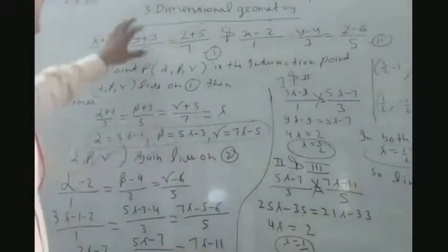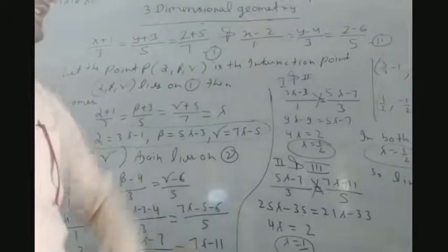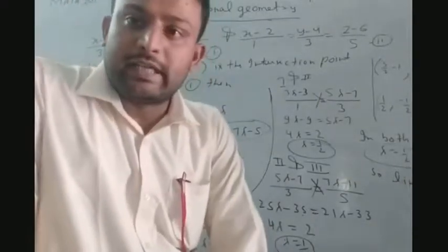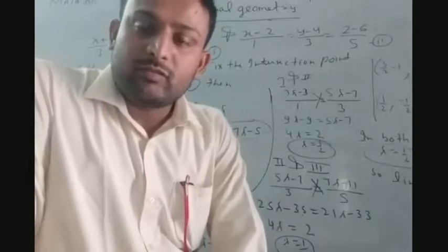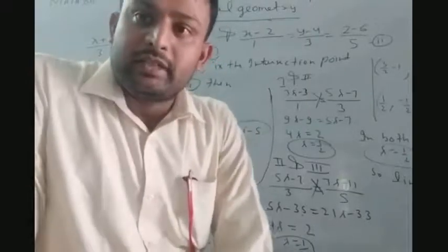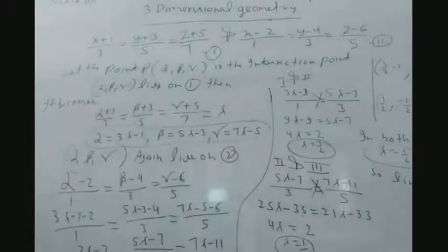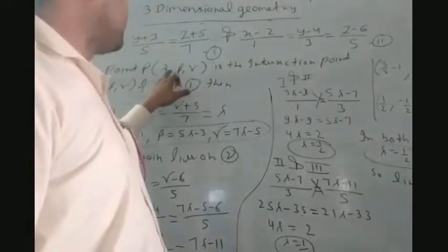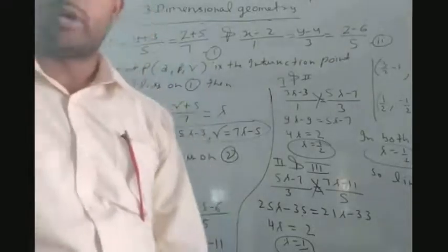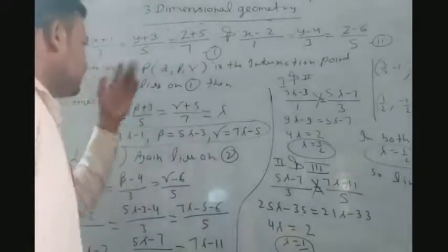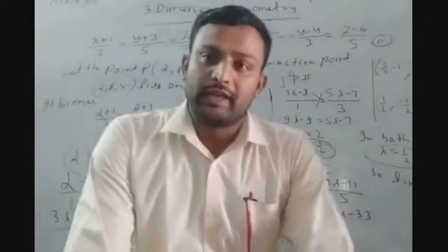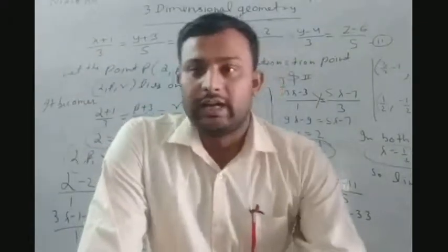So we are given two equations, first and second, and we have to show that these two lines intersect each other and find the point of intersection. This is our question. So what we will do, we take the intersection point as alpha, beta, gamma, which is known as the point P. If this is the intersection point, then this point lies on the first line and also on the second line.